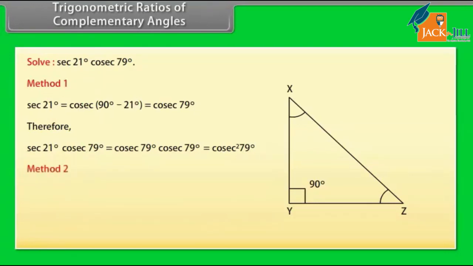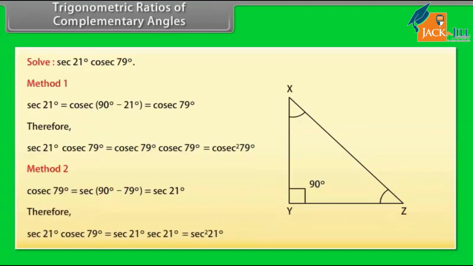Let us solve the same question in a different way. Cosec 79 degrees is equal to sec 90 degrees minus 79 degrees, equals sec 21 degrees. Therefore, sec 21 degrees cosec 79 degrees is equal to sec 21 degrees sec 21 degrees, which equals sec square 21 degrees. Let us attempt one more question.